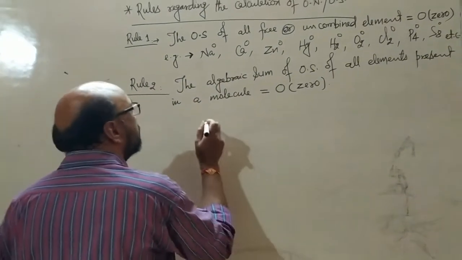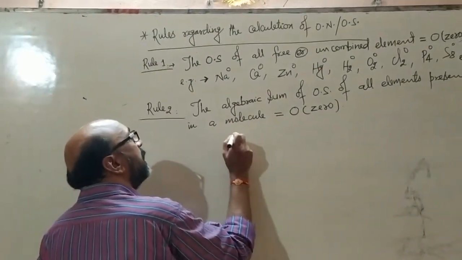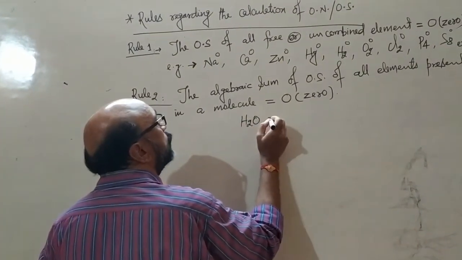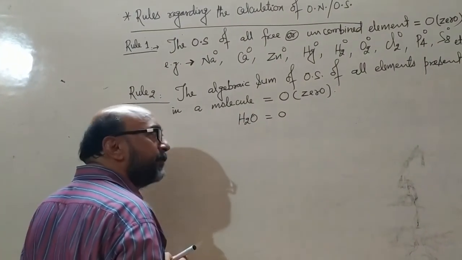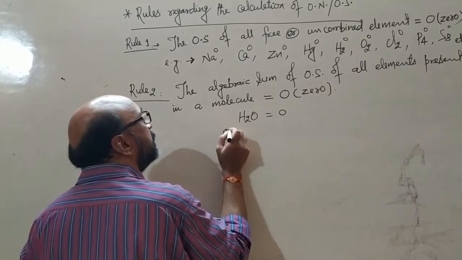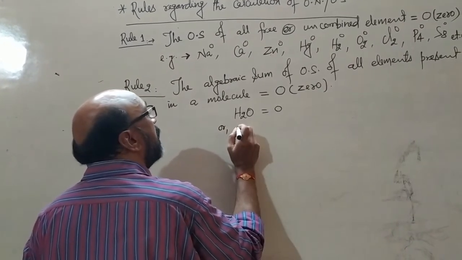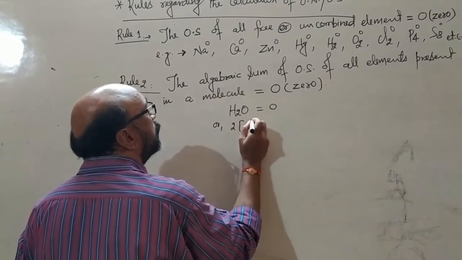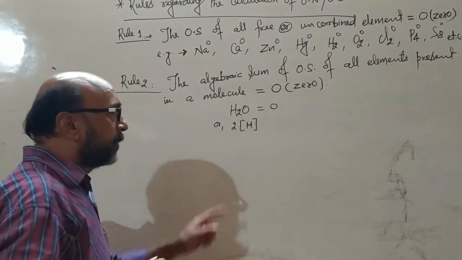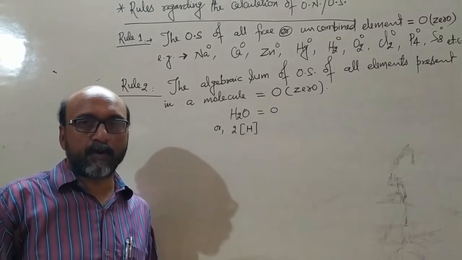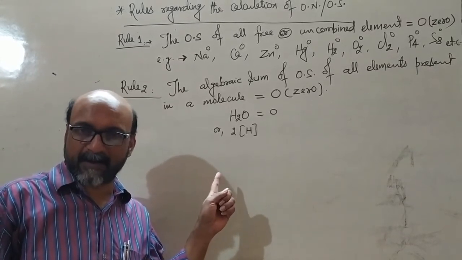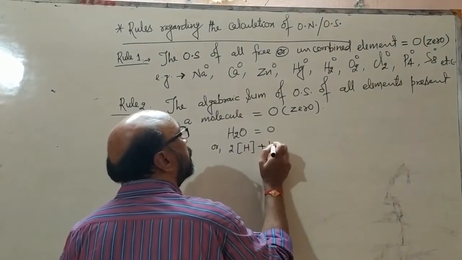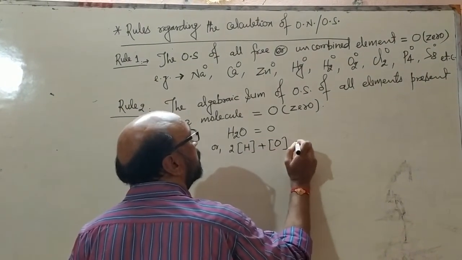It means H2O is equal to 0. What does it mean? It means the charge on hydrogen atoms multiplied by 2, because 2 hydrogen atoms are there in water, plus charge present on the oxygen atom.